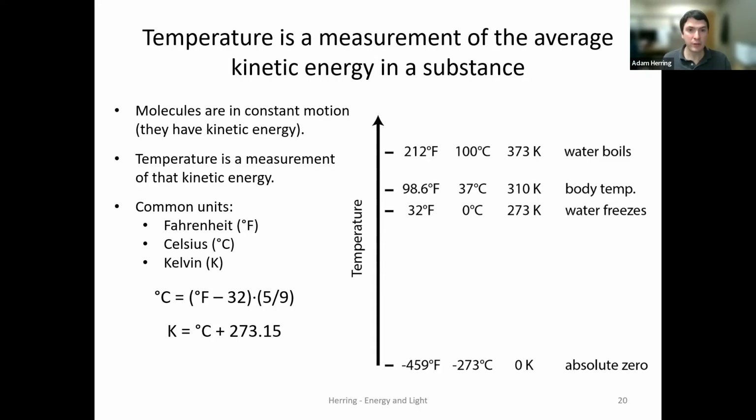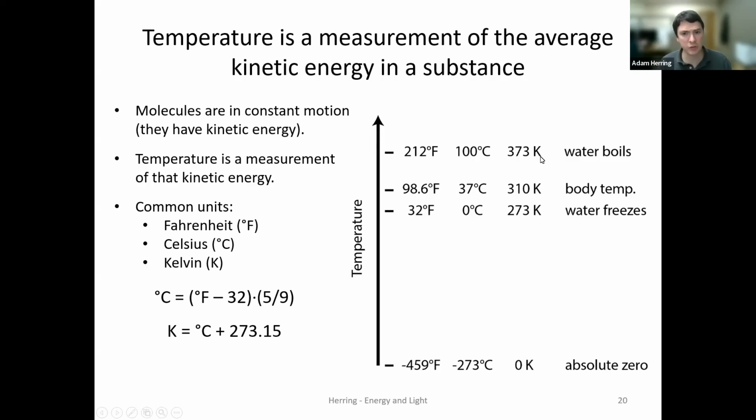But if we could pull out all the kinetic energy from a given substance, then it would reach absolute 0. So in Kelvin, water freezes at 273 degrees. The average body temperature is about 310 degrees Kelvin. And then water boils at about 373 degrees Kelvin.